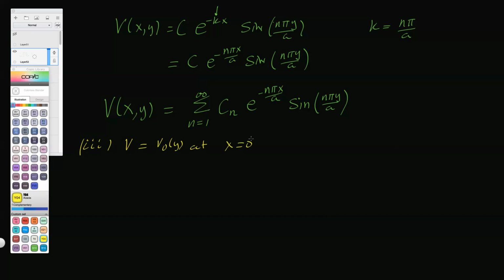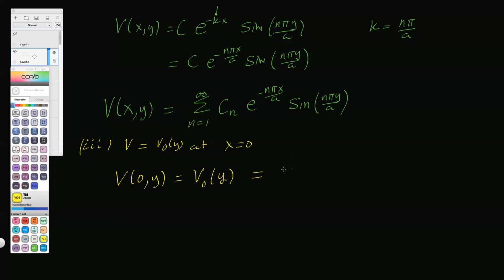So we have a condition that says at x equals 0, v of 0, y must be v0, a function of y. We don't know what that function is, it's just something random we don't know yet.